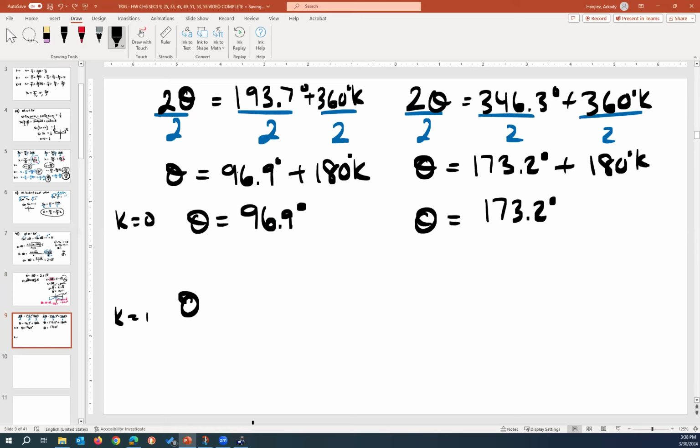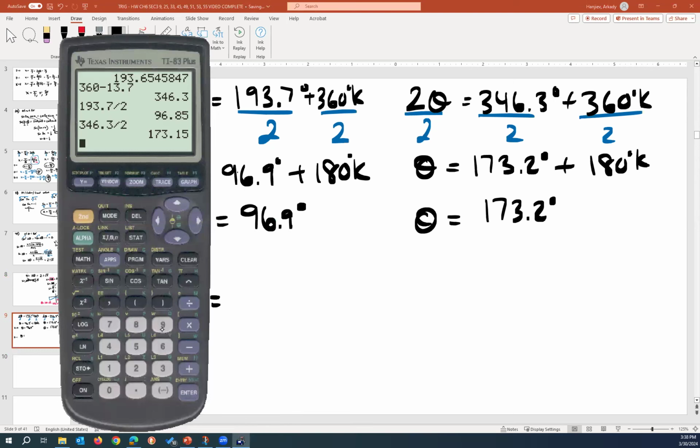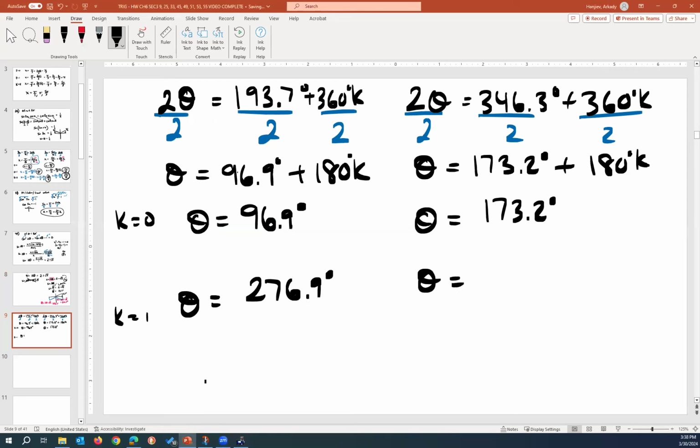Next one, we can just do this on a calculator: 96.9 plus 180 is 276.9. And 173.2 plus 180 is 353.2.